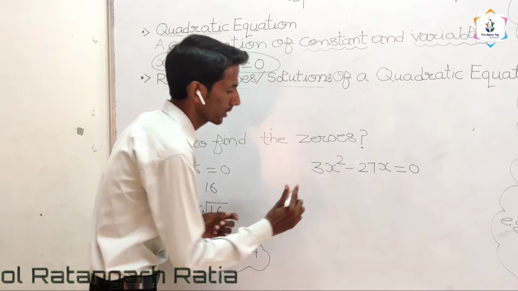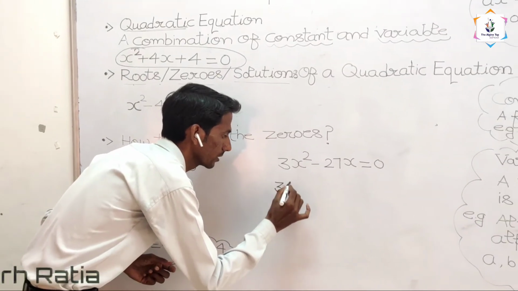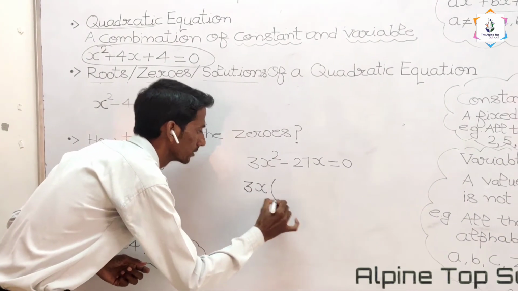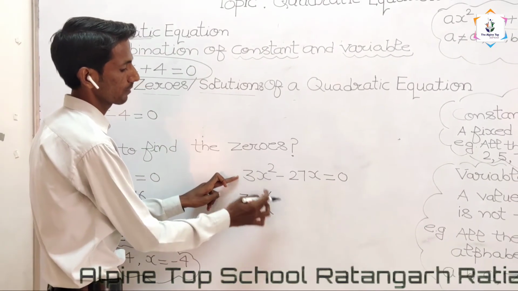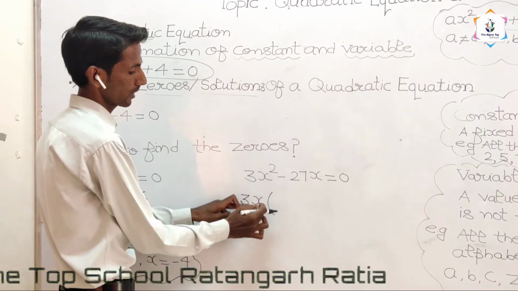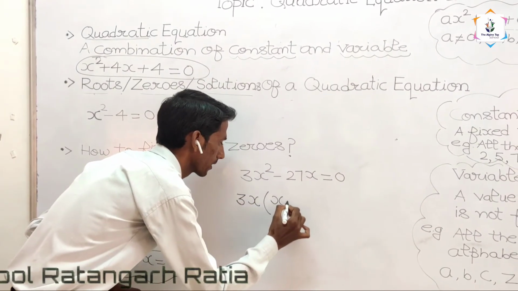When we start to solve it, we can take common 3 and x from the first term and from the second term. 3 comes out, obviously 1 is left; x comes out and 1x is left here.